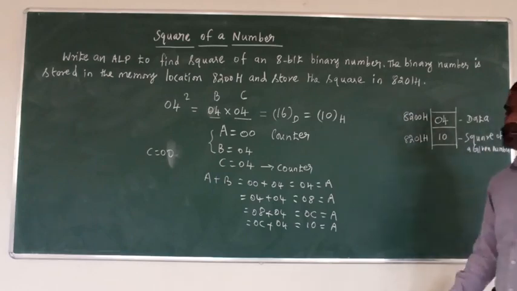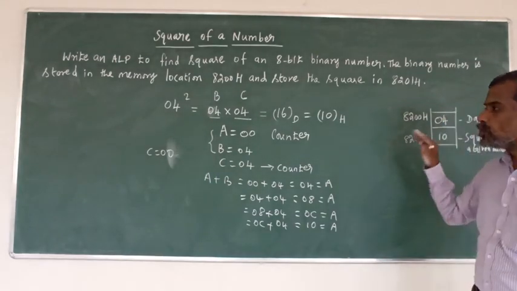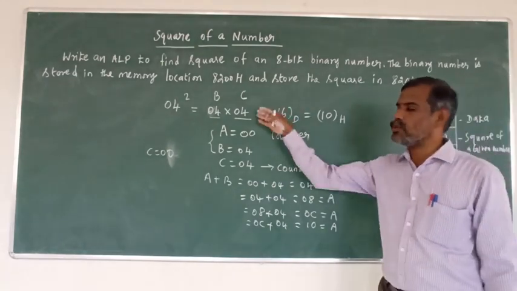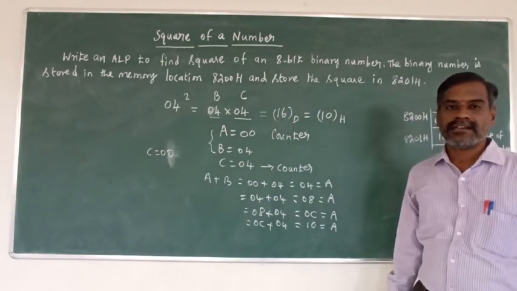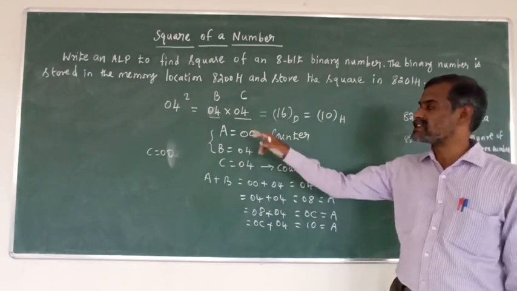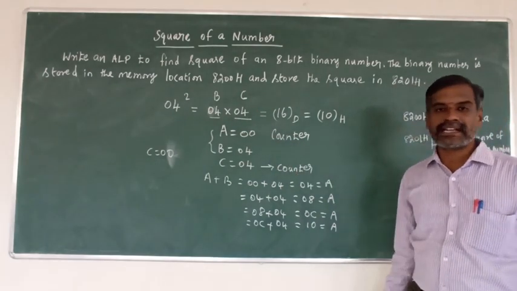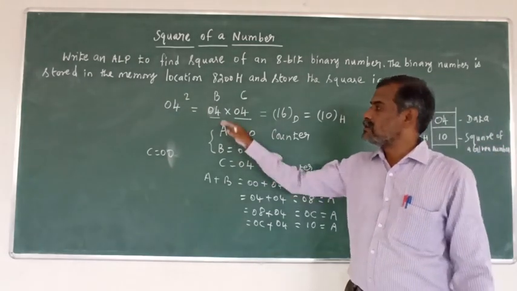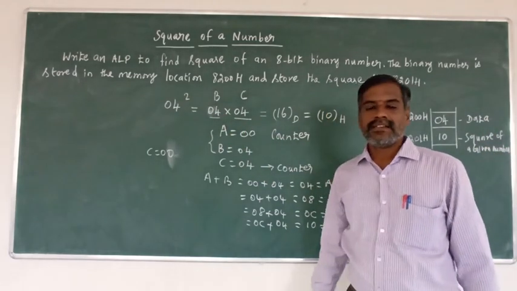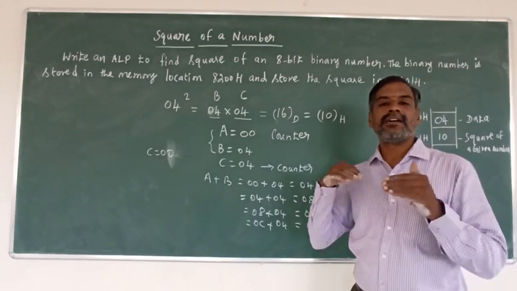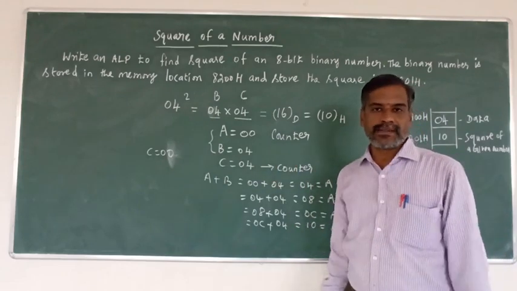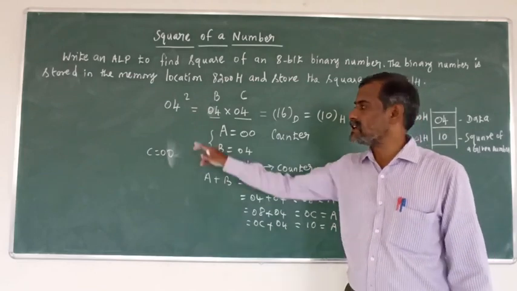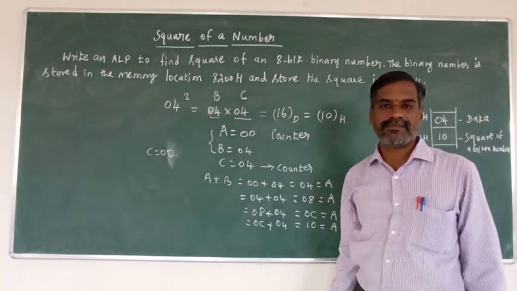Okay, this is the logic. First, load the data and move the same data to different registers, and first clear the accumulator content to 00. Square means multiplying the same data, using the repeated addition concept. Here 5 means 5 into 5.